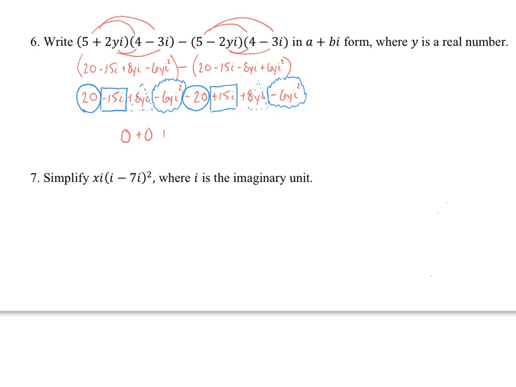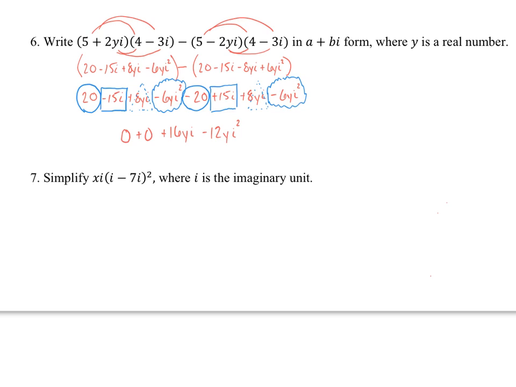So that's going to be a 16yi. And I also have a negative 6yi squared and another negative 6yi squared, which ends up being negative 12yi squared.